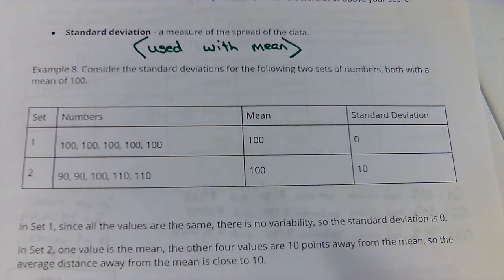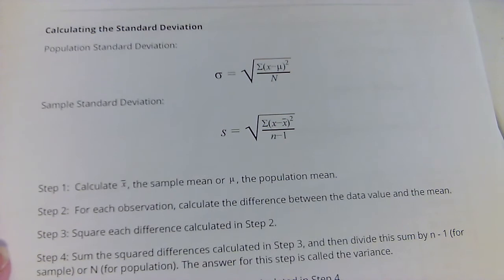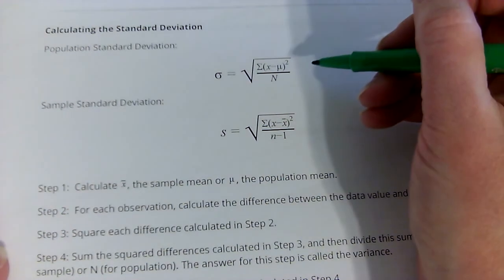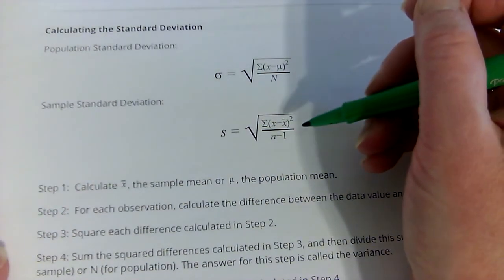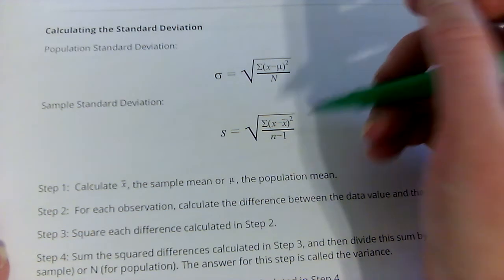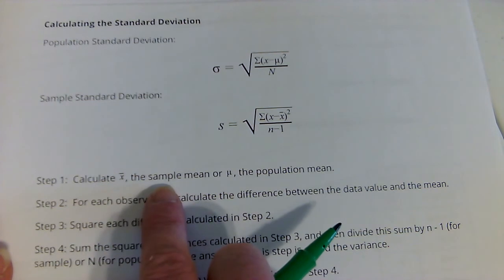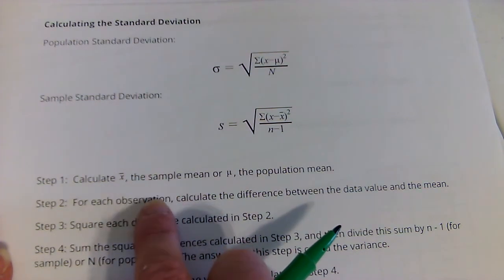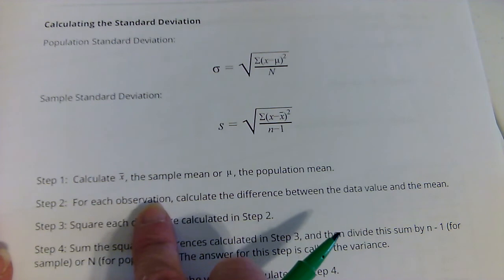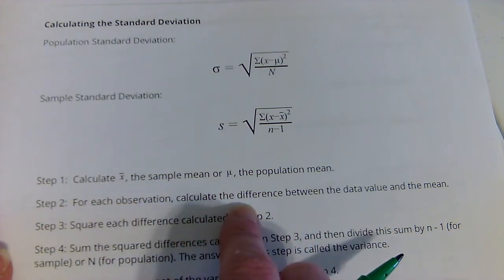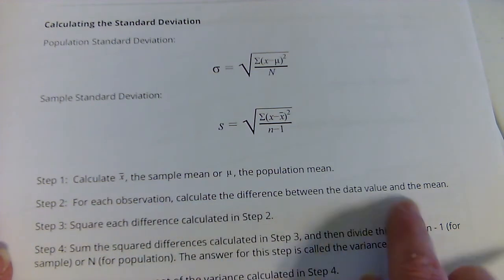Now, this can be found in the calculator as well. There is a way to calculate it by hand, and so I do give you the formulas for finding the population standard deviation and the sample standard deviation. If you're going to do it by hand, you would calculate the mean, and then for each value, you would find the difference between that data value and the mean.